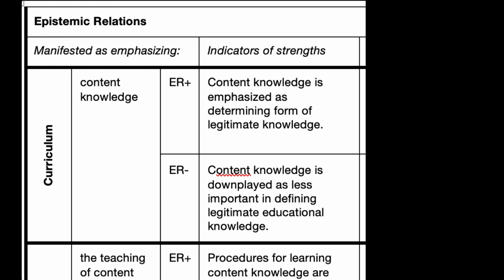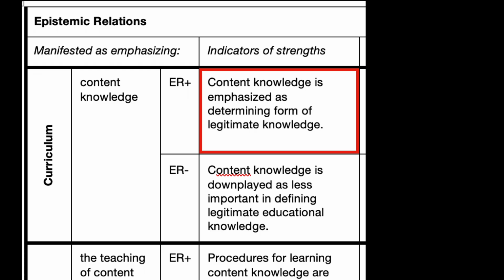When epistemic relations are strong in the area of curriculum, manifested as content knowledge, the translation device defines strong epistemic relation for this area in the following way. Content knowledge is emphasized as determining the form of legitimate knowledge.